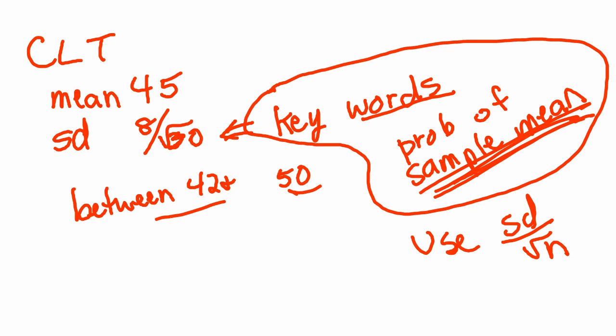So pretty much if it's a sample mean, if you want to find out where the sample mean is, you use this. I'm going to put that down in my notes: it has to say sample mean.